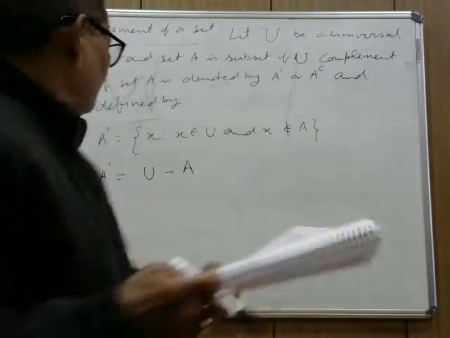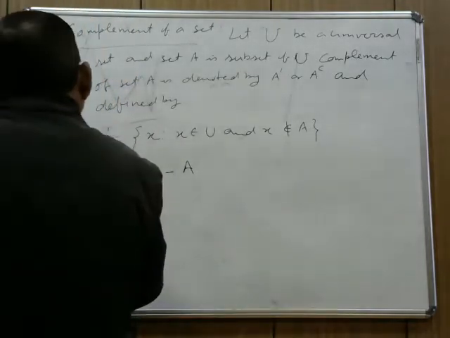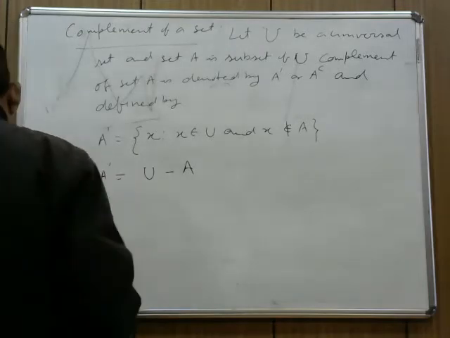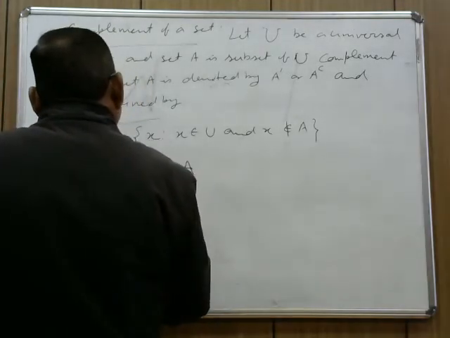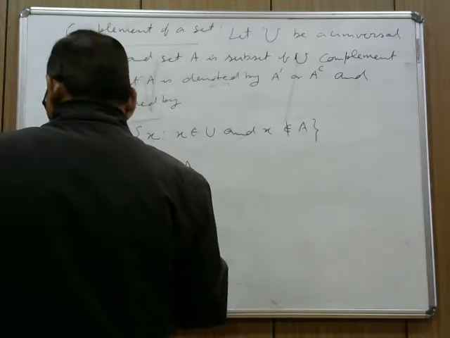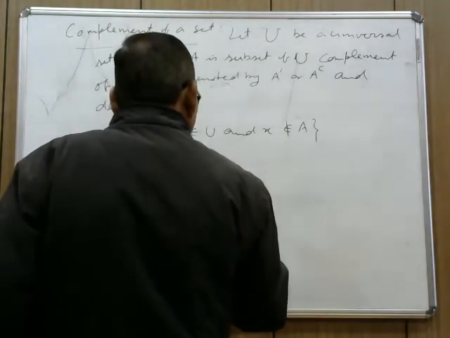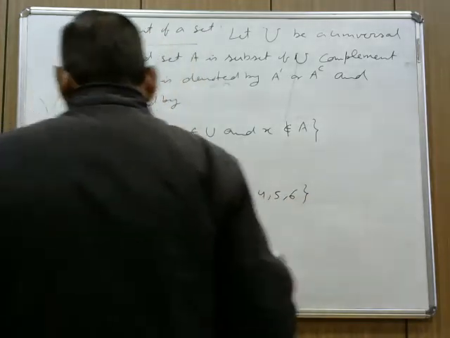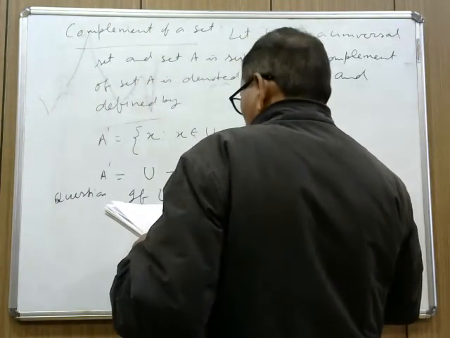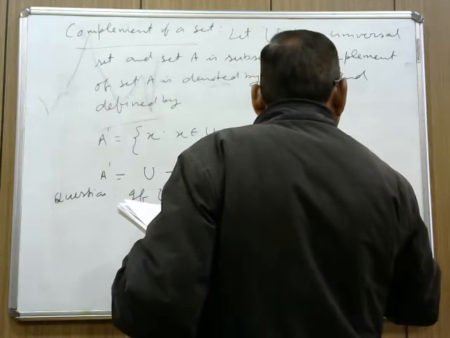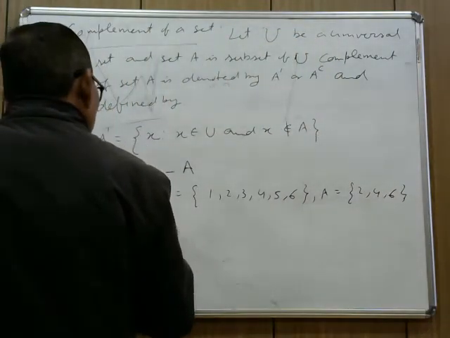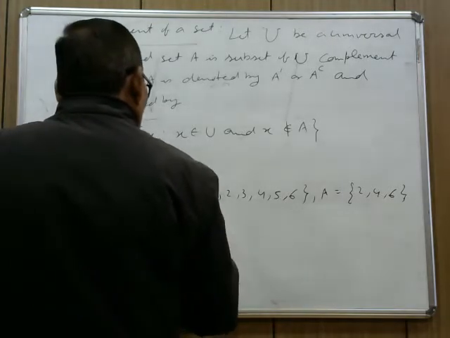Now question. If universal set U equals {1, 2, 3, 4, 5, 6} and set A equals {2, 4, 6}, then find A complement.